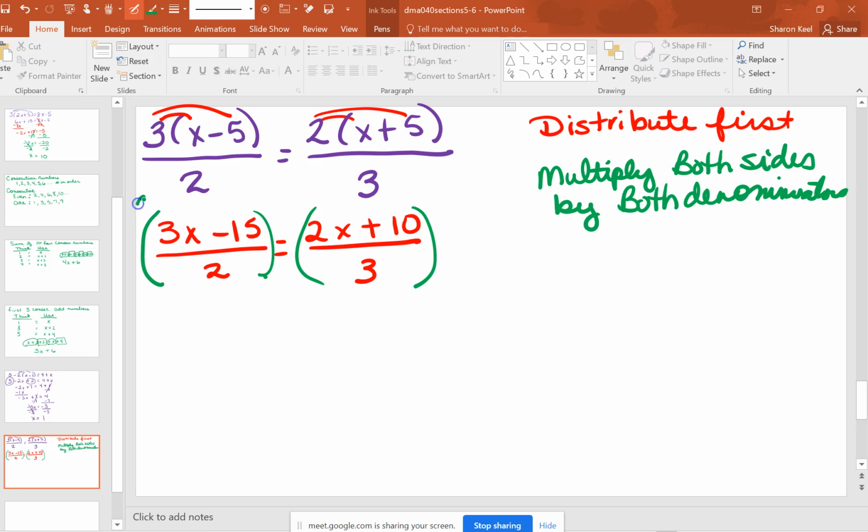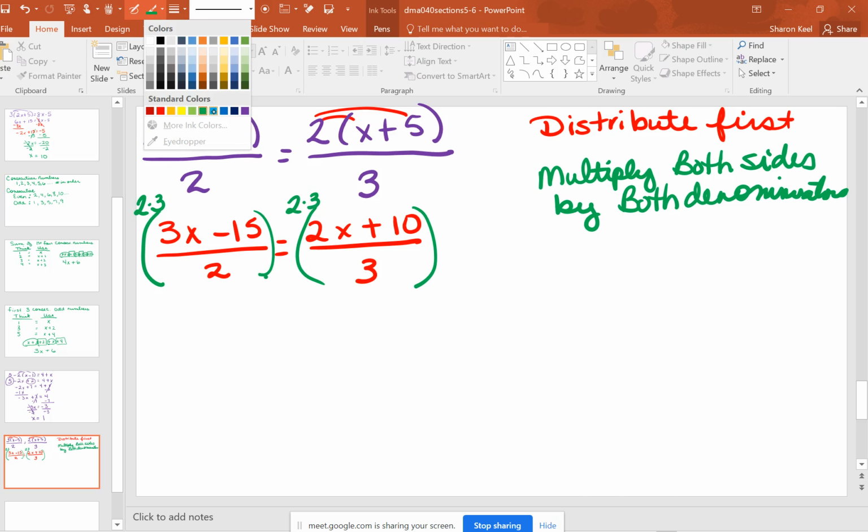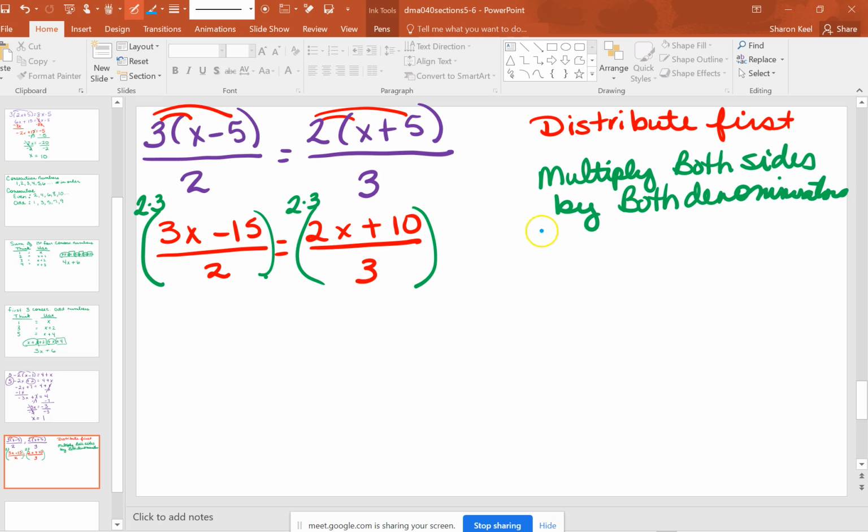So that means I'm going to times both sides by 2, and I'm going to times both sides by 3. Once I write down that I'm going to multiply both sides by both denominators, I'm going to cancel out denominators and recopy what's left.